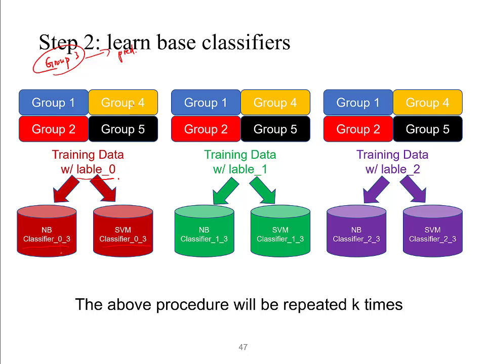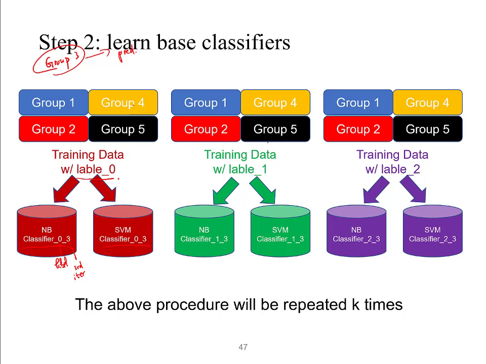The 0 here corresponds to the label, and the 3 here corresponds to the third iteration, or the third set.